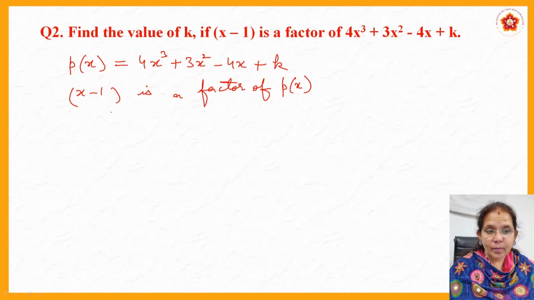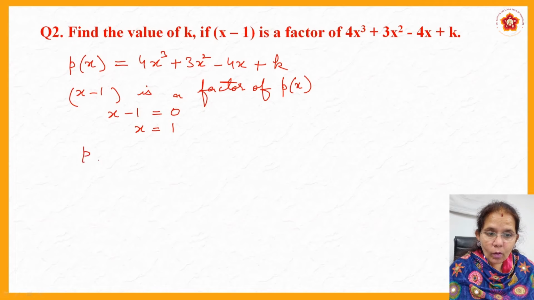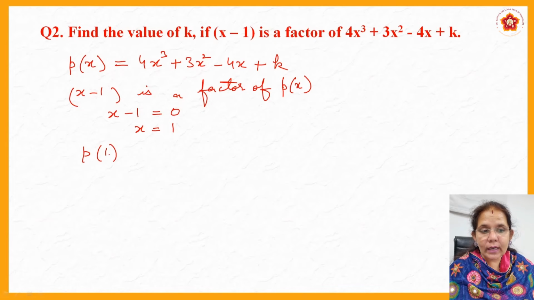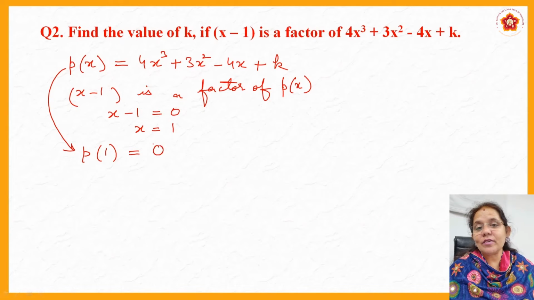So what does this mean? That if I equate x minus 1 to 0, x will come 1. And if I put the value of x as 1 in p(x), what will be the remainder? It is already given that it is a factor. If it is a factor, that means the remainder will be 0.